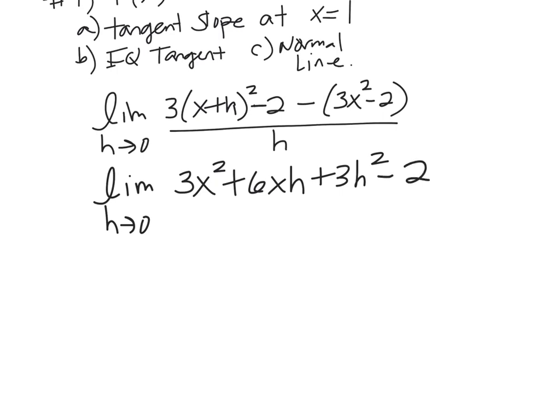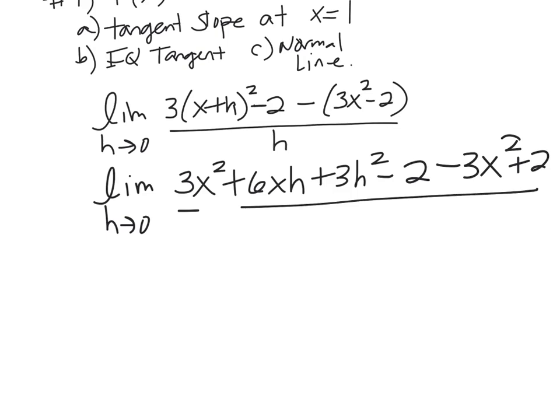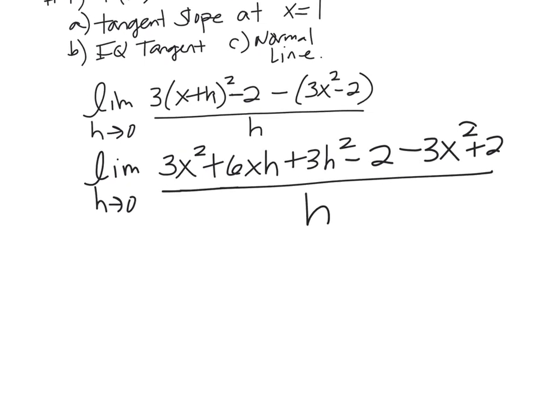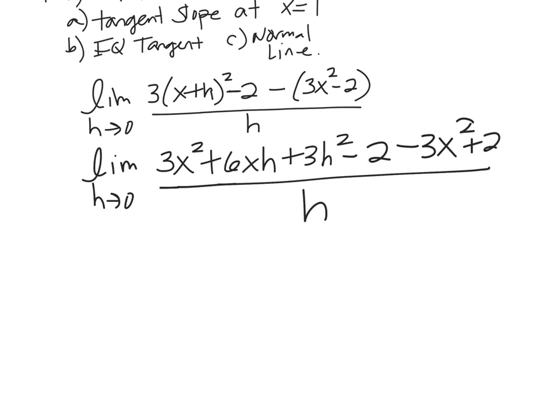And now distribute the minus here and there. And like I said, every time with these, anything that's in the numerator that doesn't have an x or doesn't have an h is going to cancel out. It has to. So this cancels here, that cancels there. And then you want to factor. You don't want to start canceling h's or reducing h's. You want to factor first.